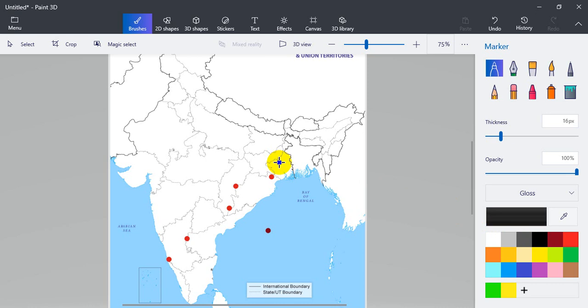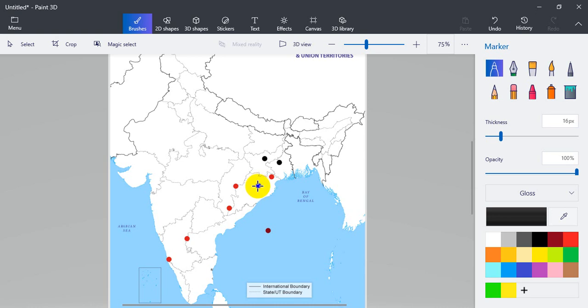Okay. Then parallel to that, but in the state of Jharkhand, in this portion, is Bokaro. Next we will move to Orissa, and it is situated in this part of Orissa, that is the Talcher region.